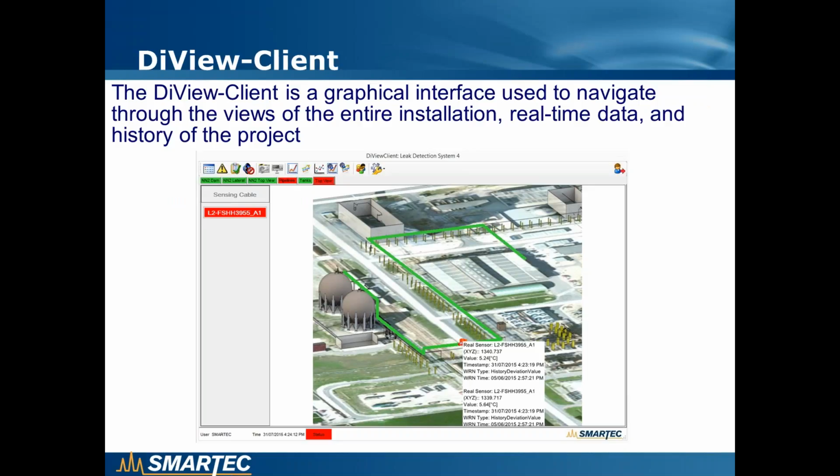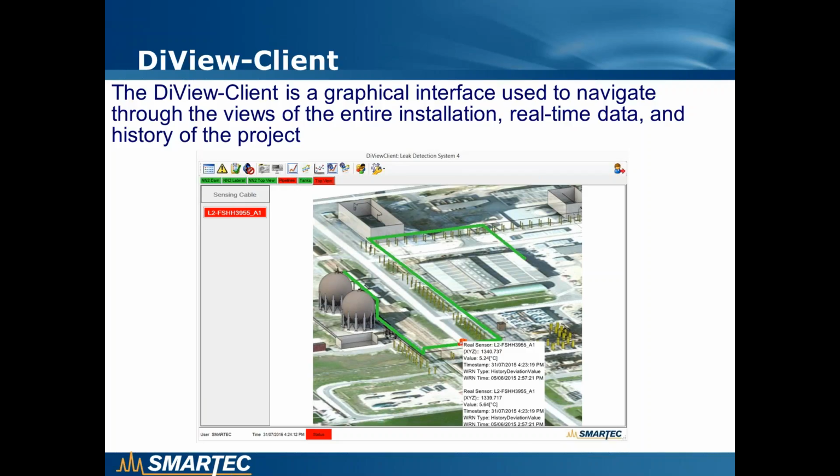So the DiView-Client is a graphical interface used to navigate through the views of the entire installation. It provides real-time data visualization and also the visualization of the history of the project in the form of maps and graphs.